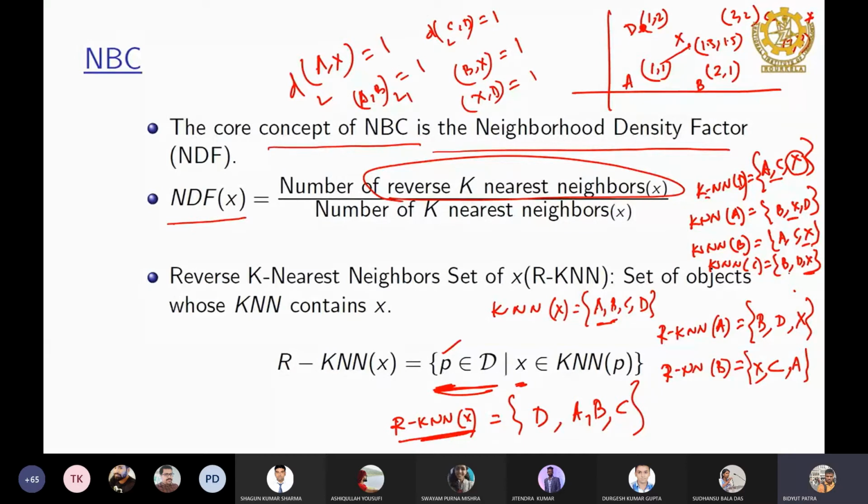How do you compute KNN of the far point, let's say we call it F? You have to compute the distance from the point to all other points, and you have to take the 2 closest points. So from 7, 7, the closest point will be, say, 2, 5.